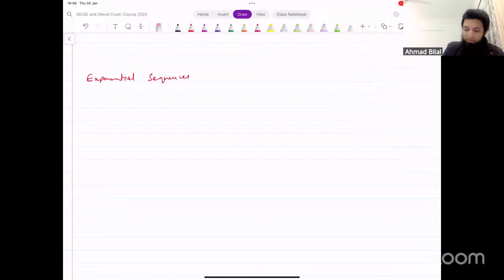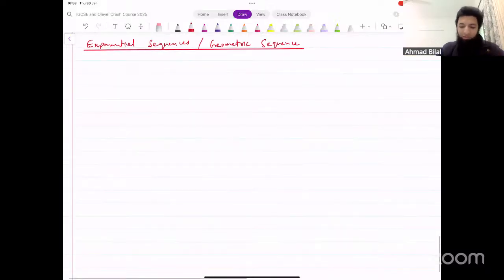These are also known as geometric sequences, as you will learn when you go to your A level. You can also call this a geometric sequence. That's another sequence that you need to know of. The most common amongst these are where you have a square sequence or a cube sequence.